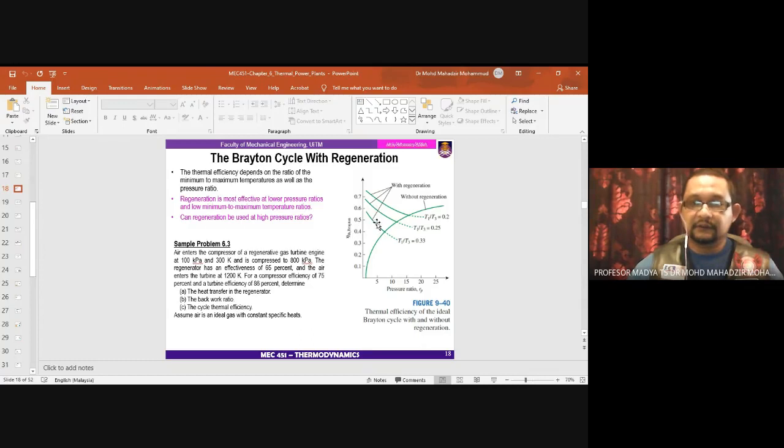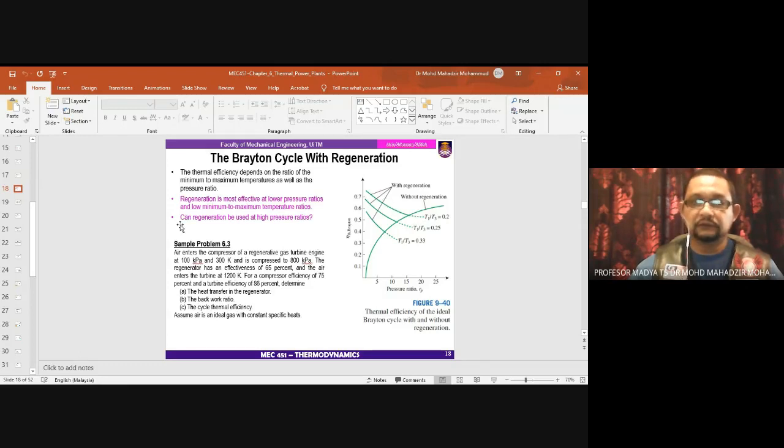It is also seen in this graph that regeneration is most effective at low pressure ratio and low minimum to maximum temperature ratio. So the thermal efficiency of the Brayton cycle is most effective at low pressure ratio, and also at low minimum to maximum temperature.